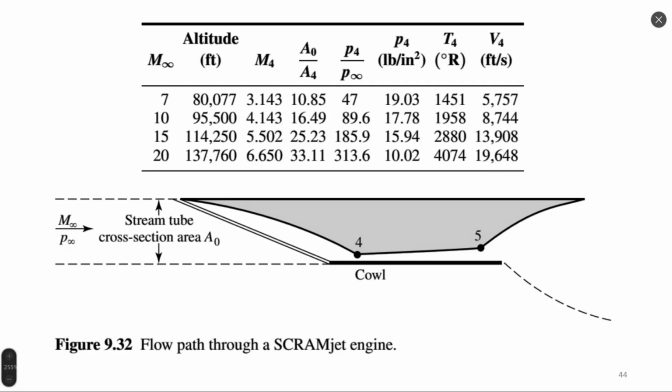Its size and aspect ratio, length to diameter, is high because the flow is fast. So when we have high velocity subsonic or supersonic combustion, we need to have a long combustion chamber.